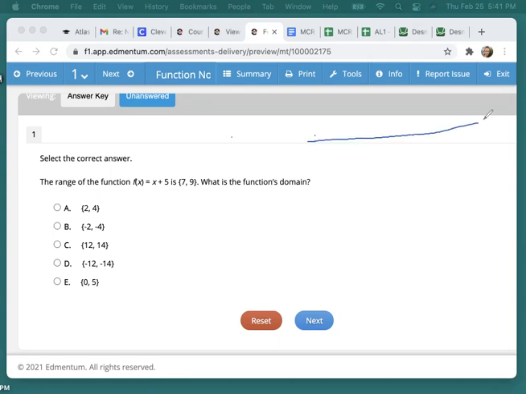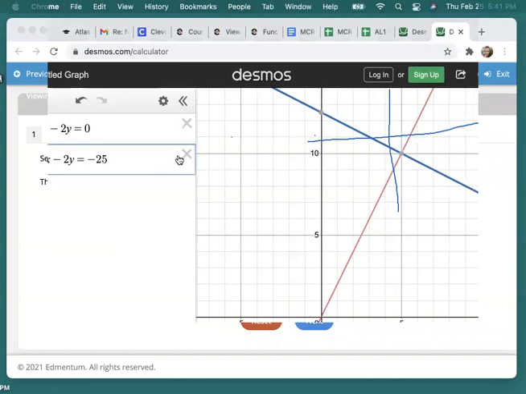So if I were to draw a graph, pretend that's straight. Well, actually, I could just do it on Desmos. Let me show you that. f of x equals x plus 5. Let me clear this.